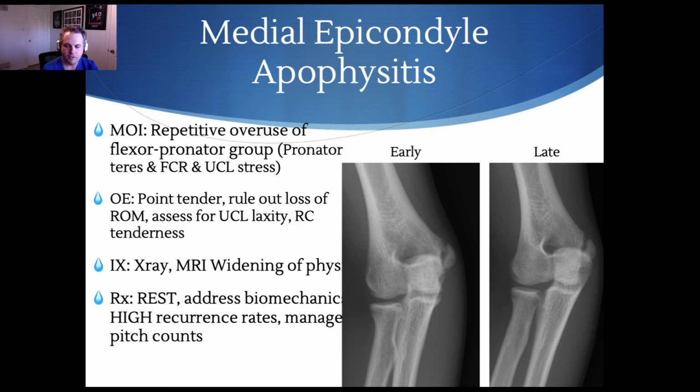There's very high recurrence rates, especially in a short season. This is a very difficult injury for a number of reasons. It typically occurs at the beginning of what is a short baseball season in Canada, and it typically will take them out of the season.